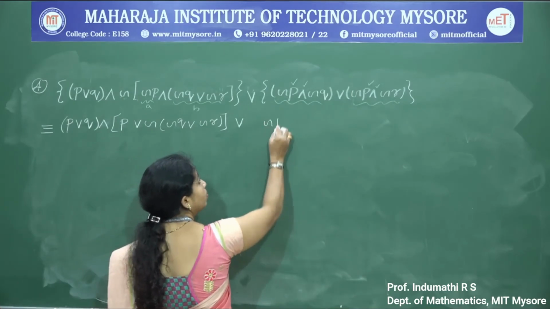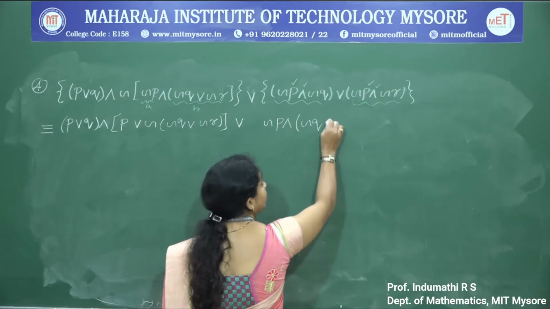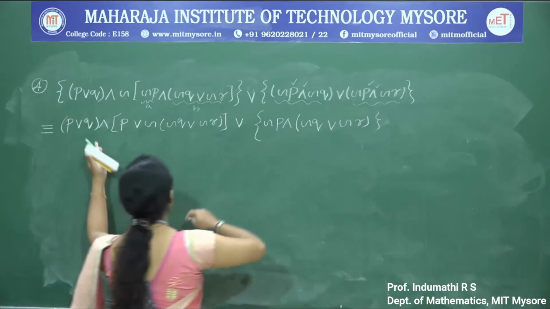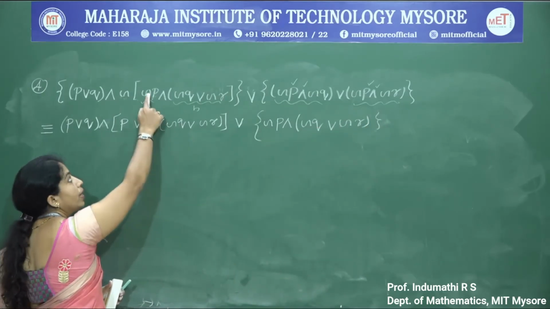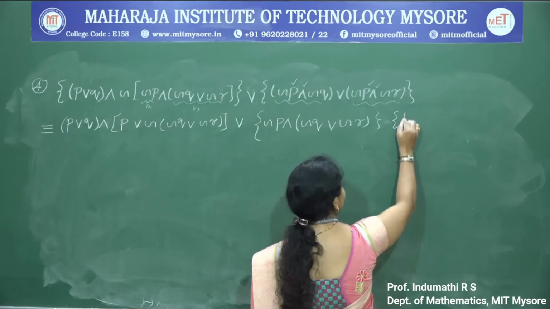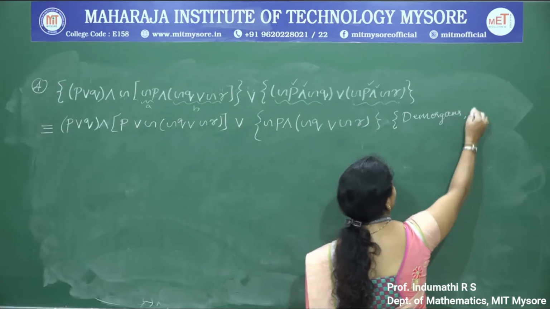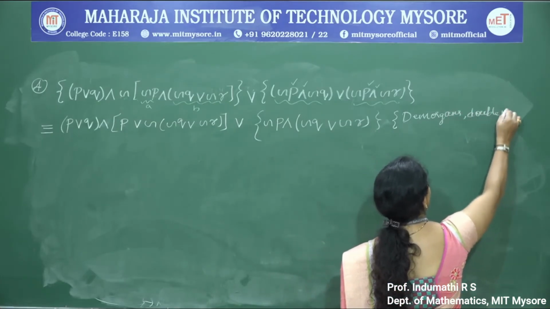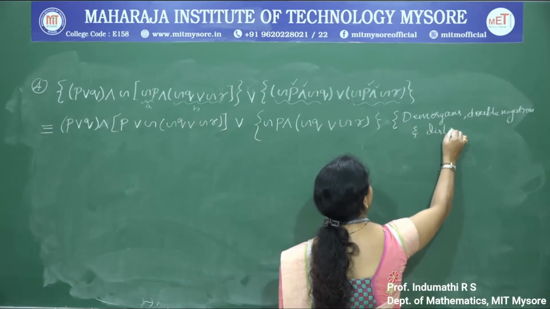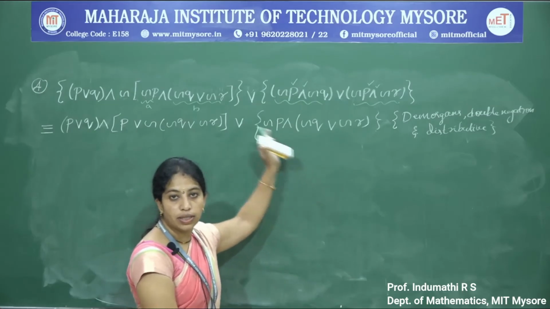That is, write the first term, next symbol, open the bracket, the second term, middle symbol, and the last term, that is negation R. In this step, we have applied De Morgan's, law of double negation, as well as distributive. We have applied three laws in this step.